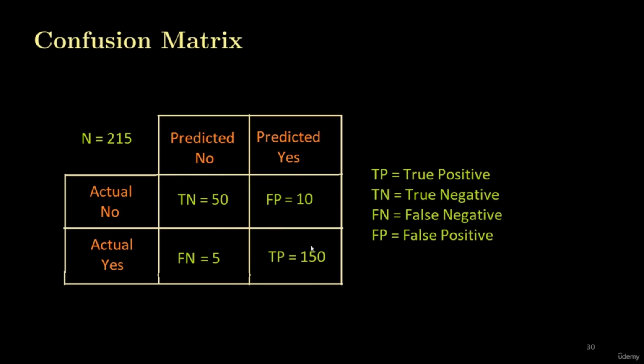True negative and true positive are those samples which are correctly classified by the model, whereas false positive and false negative are those samples which are wrongly classified by the model. Therefore, these two are called the errors of the model. False positive is also known as type 1 error and false negative is also known as type 2 error.